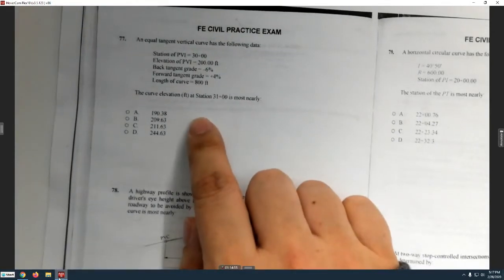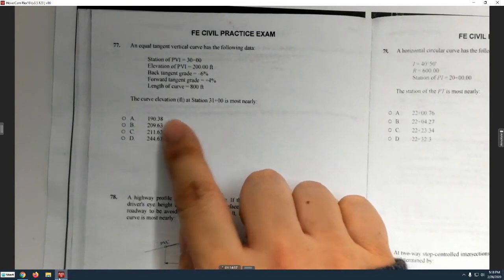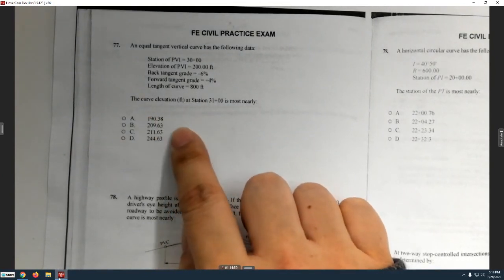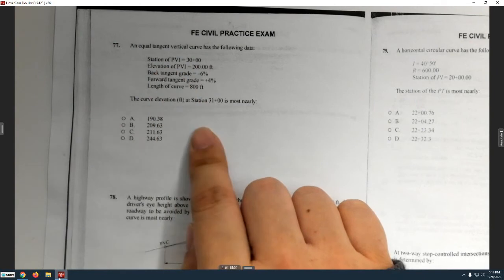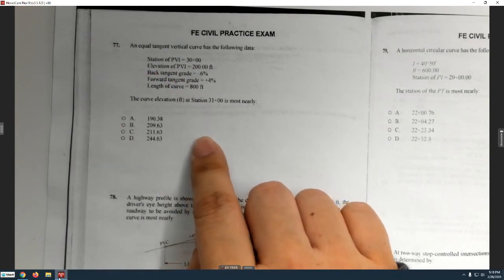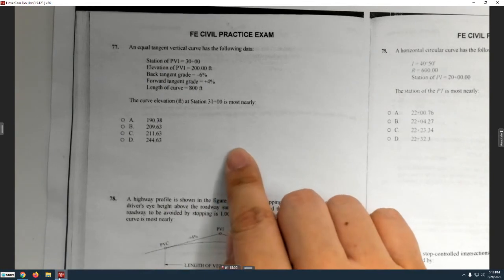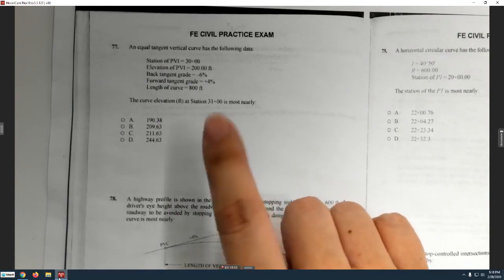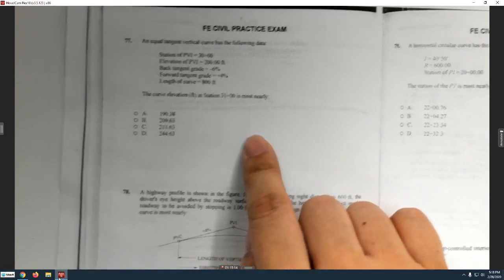So the first one is easy. Curve elevation, the vertical curve. Remember the vertical curve elevation is y of PVC plus Ax1 plus Bx squared. Remember? So we've already covered this one. Similar questions, I'm not going to go through this one.